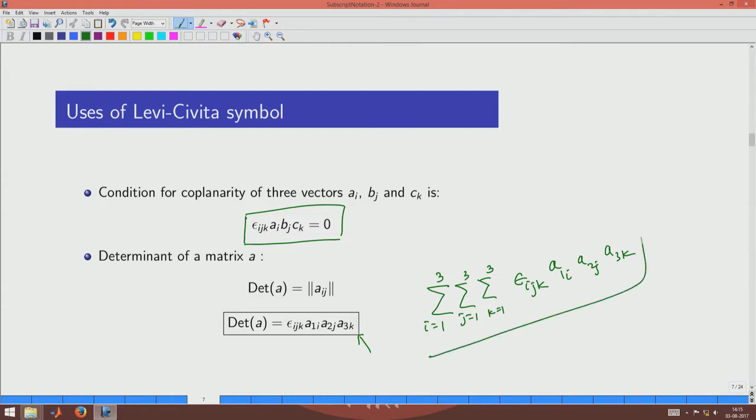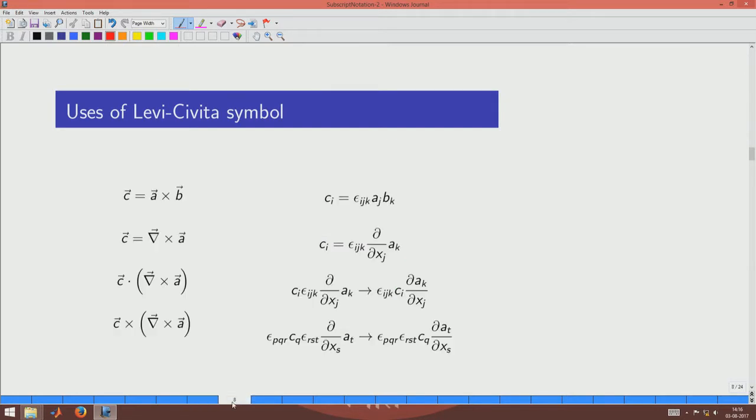If you expand this and knowing that epsilon has values like +1 and -1, you could immediately see that this must be something to do with the determinant, and if A were a matrix, then this gives you the determinant. This actually allows you to write programmatically how to evaluate the determinant once the matrix epsilon is already available to you. So, these are the simple usages of the permutation matrix. We will see how to use it to actually prove some of the vector identities as we go along.